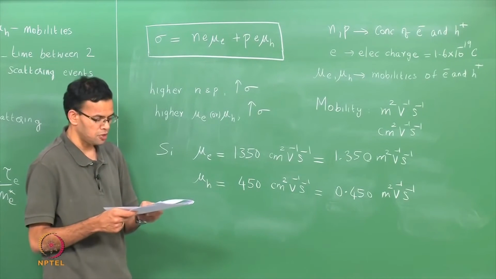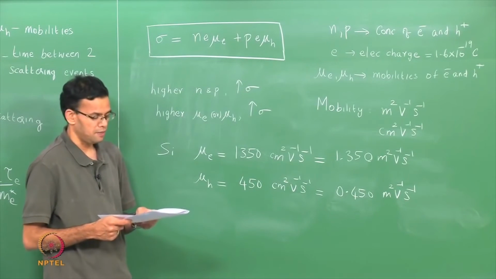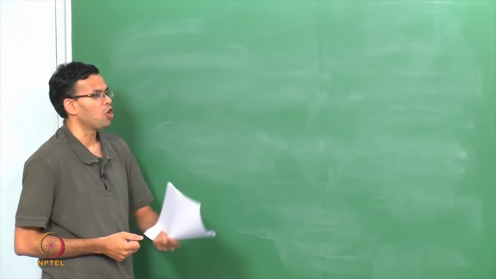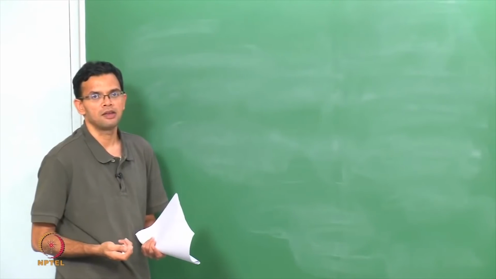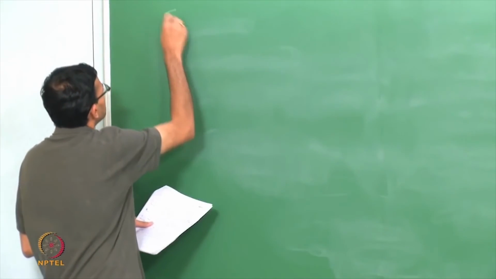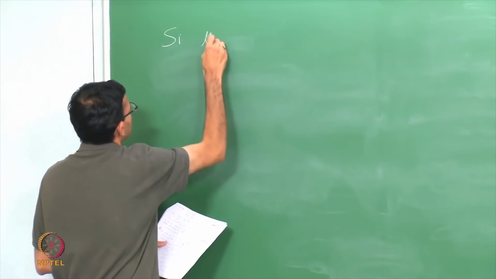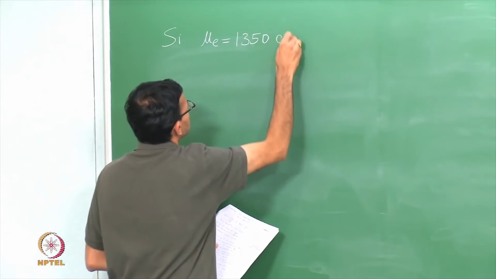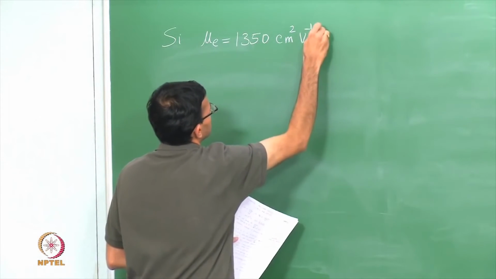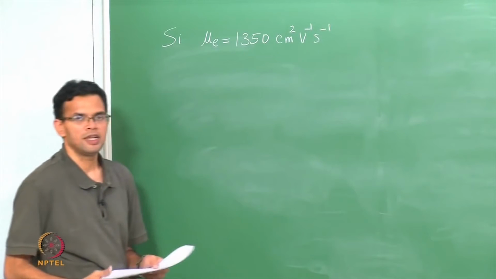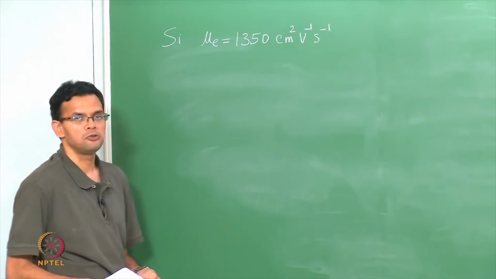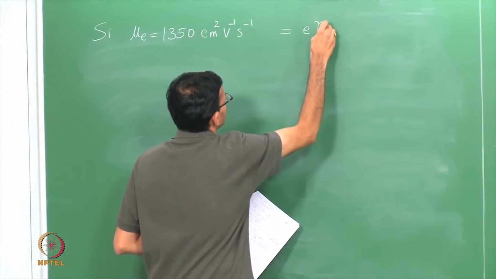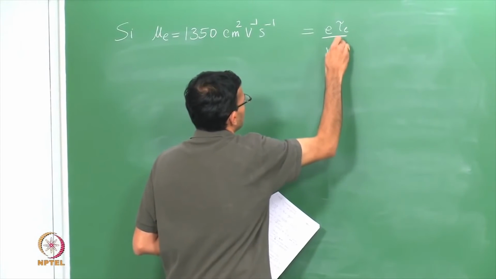We will use this to do some calculations for the scattering time. So, consider the case of silicon, and we will only talk about the electrons. You can use a similar calculation for the holes. Consider the case of silicon where mu e is 1350. We also said earlier that mu is related to the scattering time. The expression was e tau e over me star.